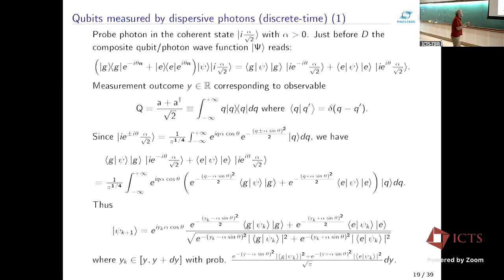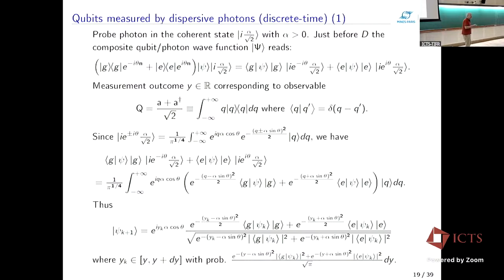So here is the thing. What I have is psi, which will now be the state of a qubit. And here, in fact, to simplify the computation, I use a coherent state, which is slightly displaced from 0.